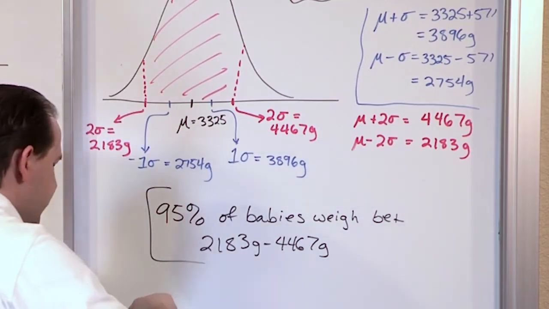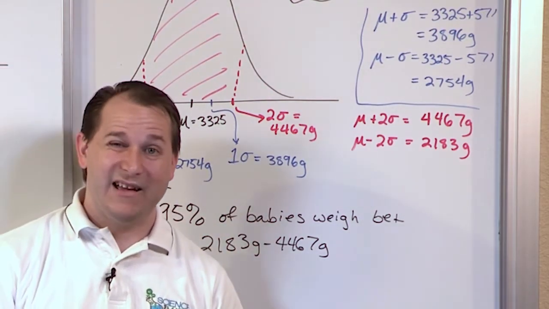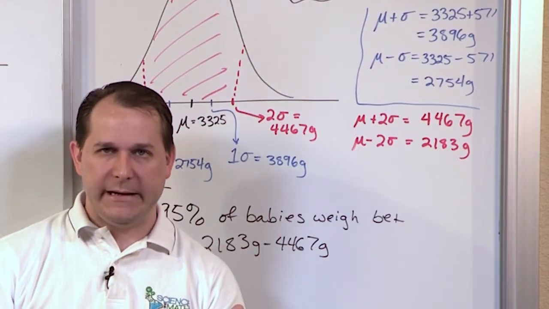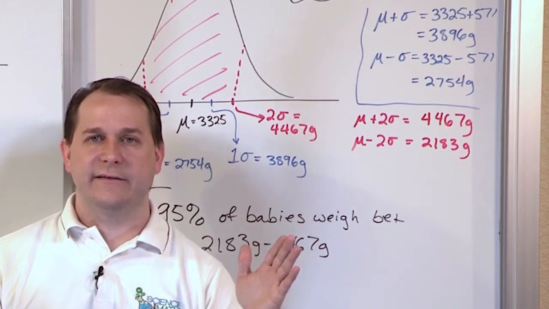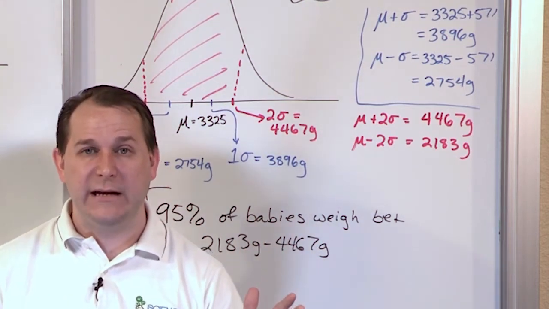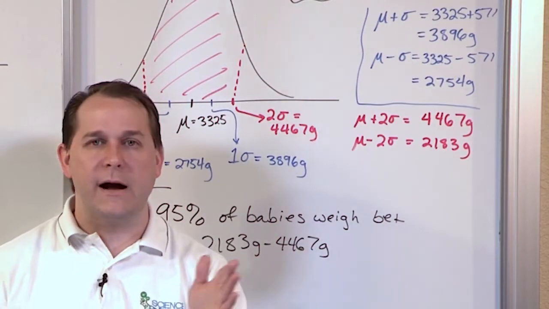This is the answer. The only reason we're able to do this problem is because they told us the mean and they told us the standard deviation. And the range that they asked us about happens to be exactly 2 standard deviations, 2 sigma plus or minus the mean.